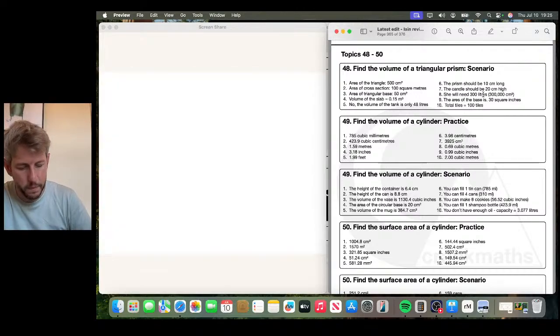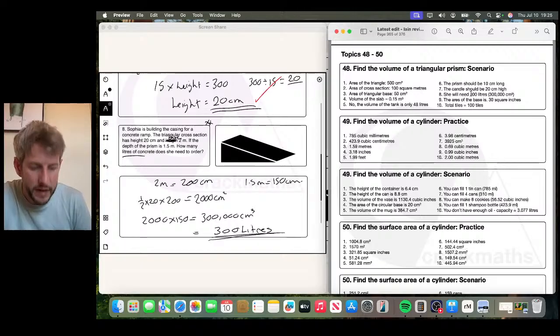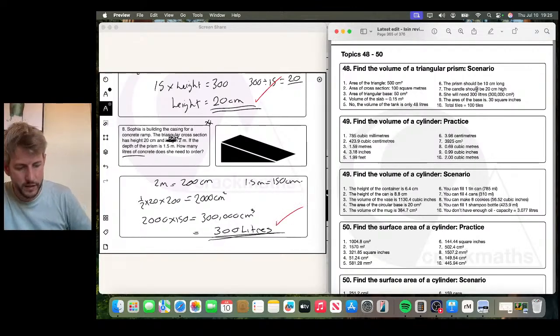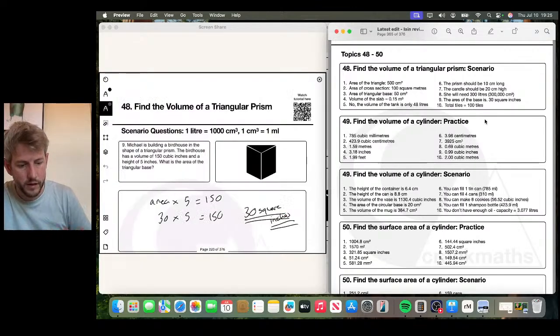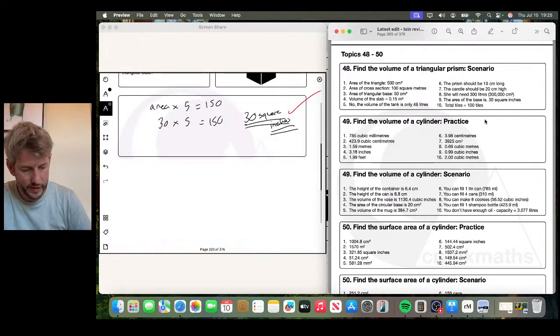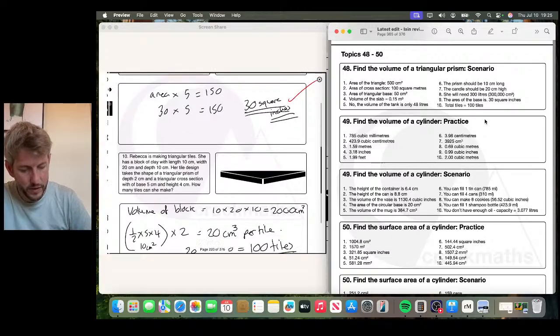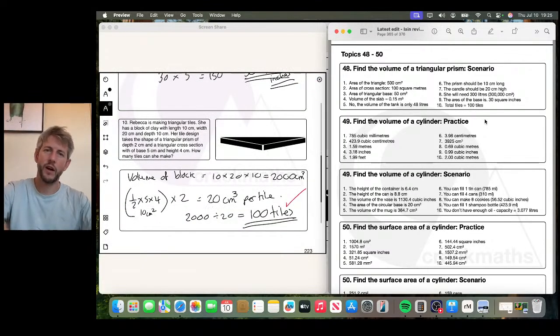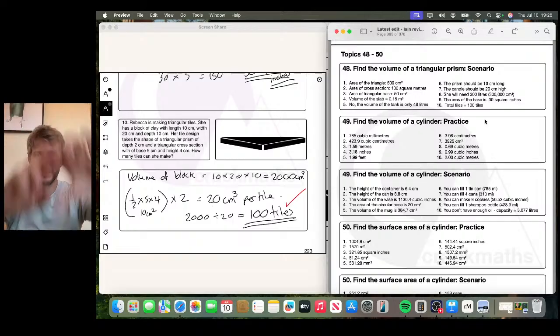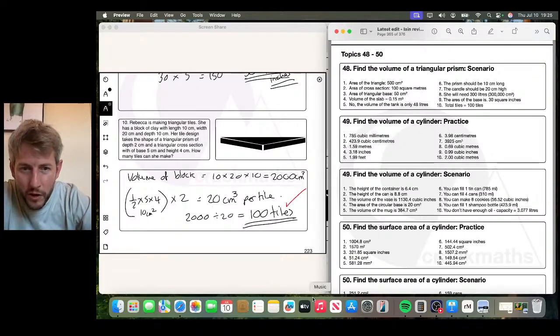Question 8 is 300 litres. 30 square inches. And 100 tiles. Perfect. Wonderful.